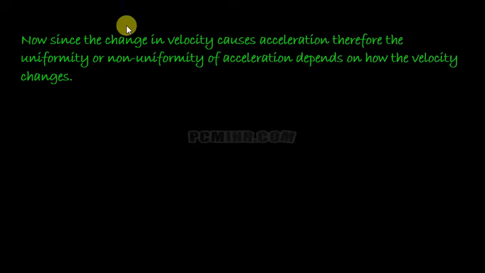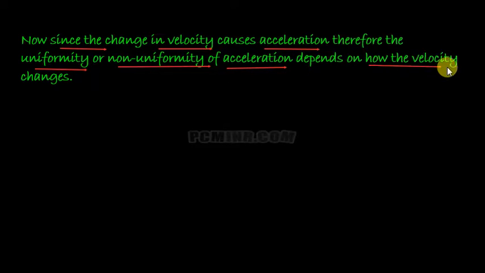Another interesting thing is, because now the velocity is changing, and since the change in velocity causes acceleration, whether we say the uniformity or non-uniformity of acceleration depends on how the velocity changes.